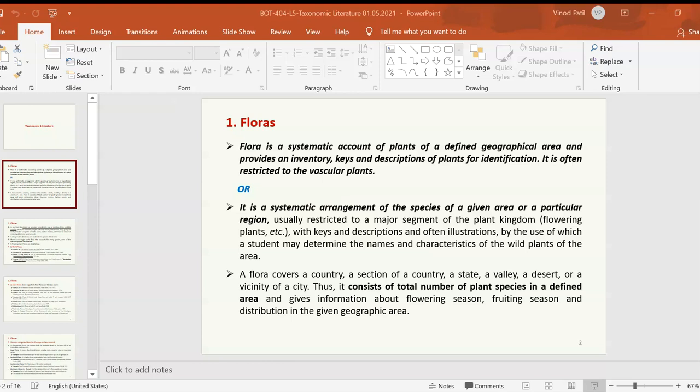Then many times when we want to describe or identify certain plants, we use the flora of a Britisher, Flora Cooke, Flora of British India. Then Flora of Bombay Province, Flora of Madras Province.